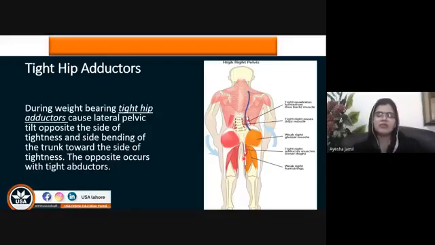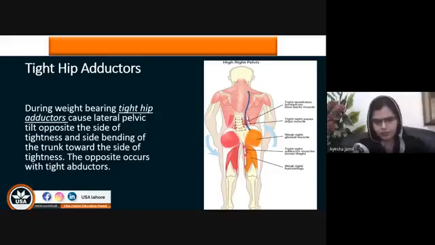However, the adductor brevis and adductor longus are single joint crossing muscles. So if you see effects at the knee joint as well, it means that the adductor magnus is also involved. If the symptoms are only present at the hip or the territory of the hip, it means that the adductor brevis and adductor longus are tight.